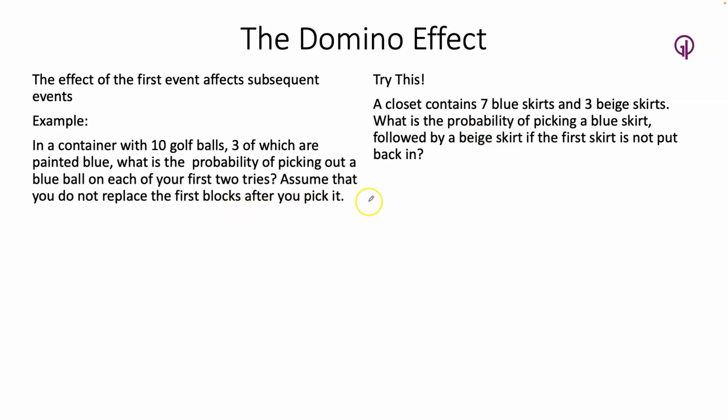Now here we turn our attention to the domino effect. Domino effect measures the effect the outcome of the first event has on the probability of a subsequent event.